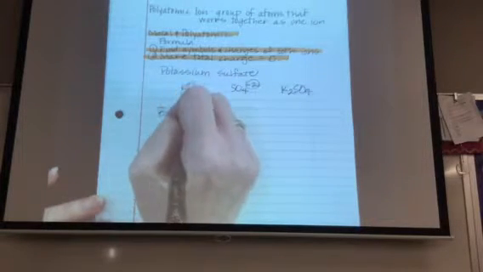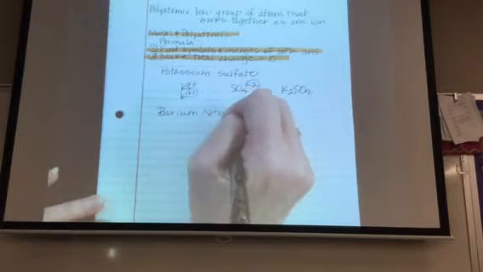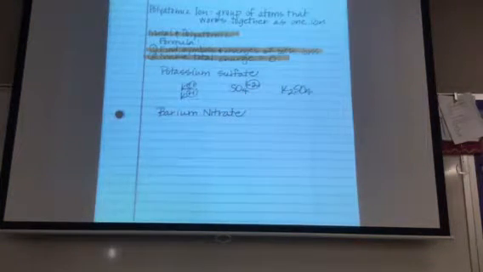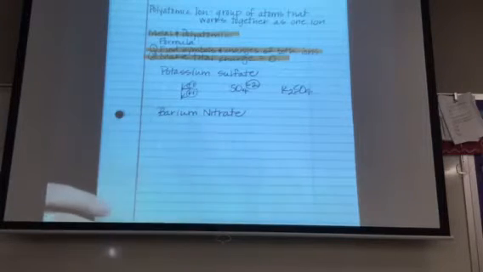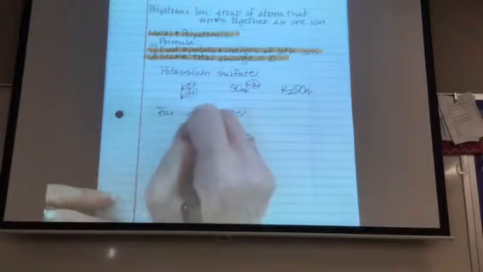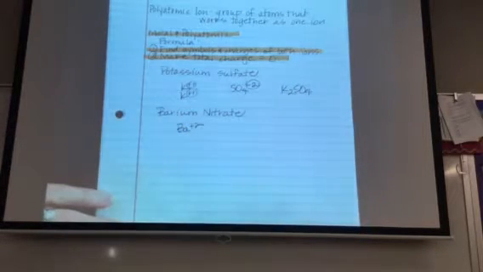What if I give you barium nitrate? Again, you see that "ate", and it gives you a hint that you need to go to that polyatomic ion card. What's barium? Ba 2+. And what's nitrate?